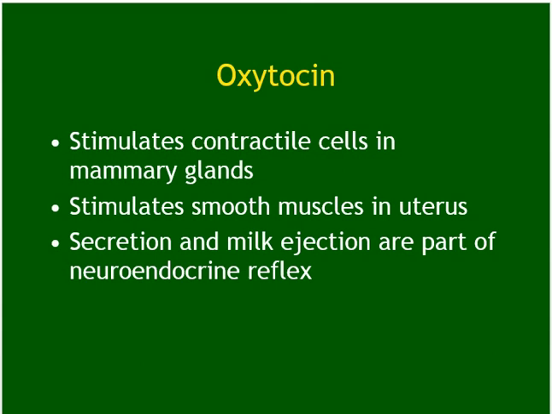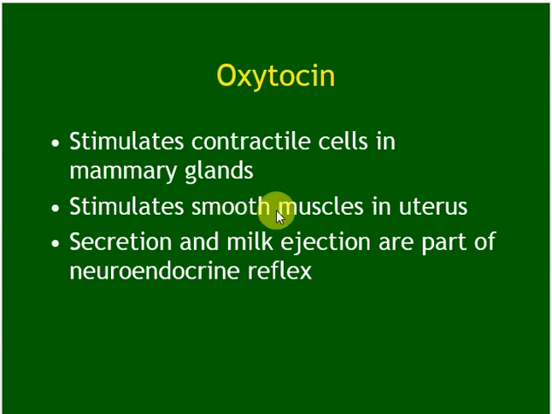Now oxytocin. Oxytocin is the second hormone. So we talked about ADH. Oxytocin, the second hormone, is synthesized in the nuclei of the hypothalamus, and it travels along the axons and goes to the posterior pituitary, or neurohypophysis, to be stored there.